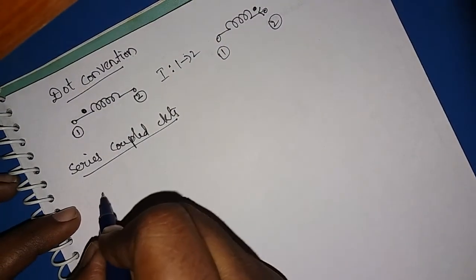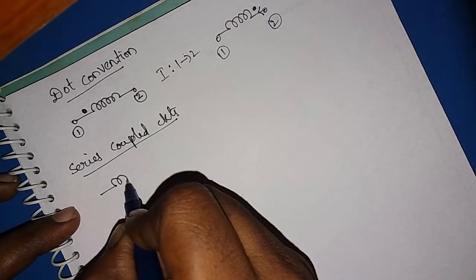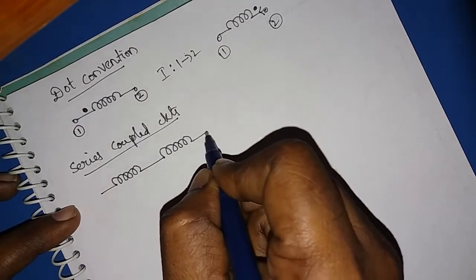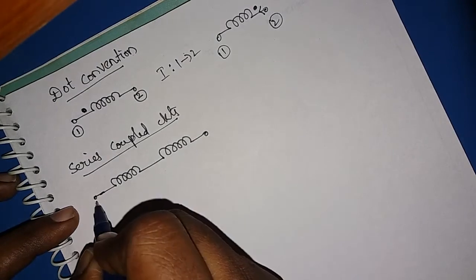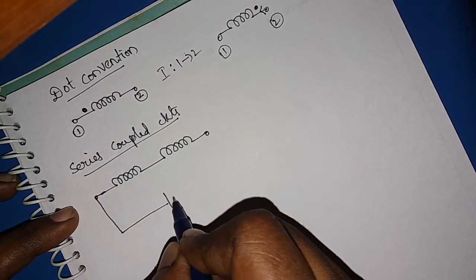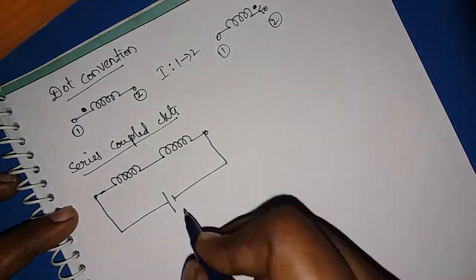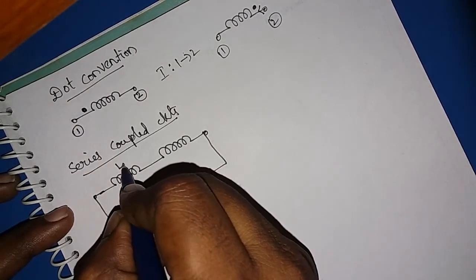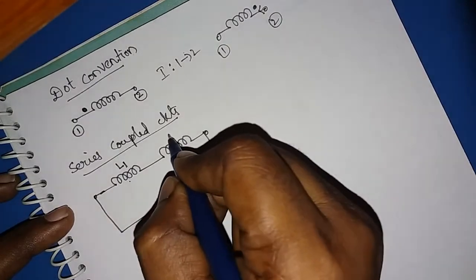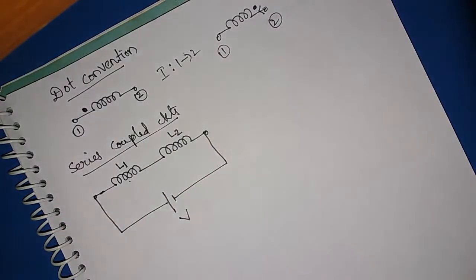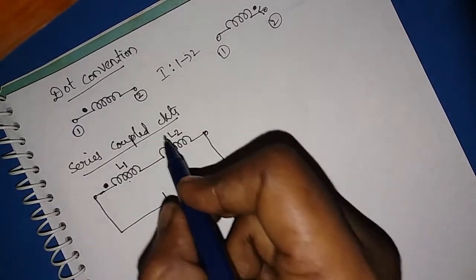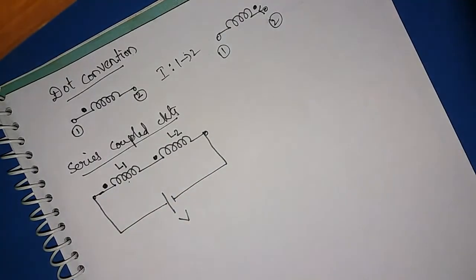Series coupled coils. For example, I have two coils which are coupled in this fashion, and let us assume these are excited with some voltage V. Let the self inductance of this coil be L1, and the self inductance of this coil be L2. Now let us assume that the dots are placed at the starting of the two coils.